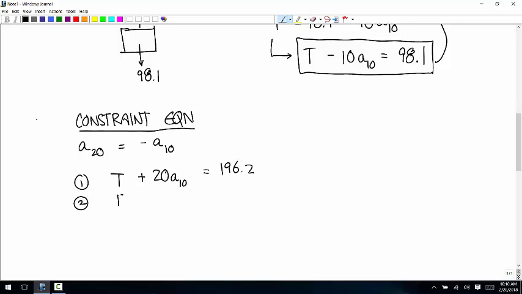Our second equation says T minus 10A10 is equal to 98.1.